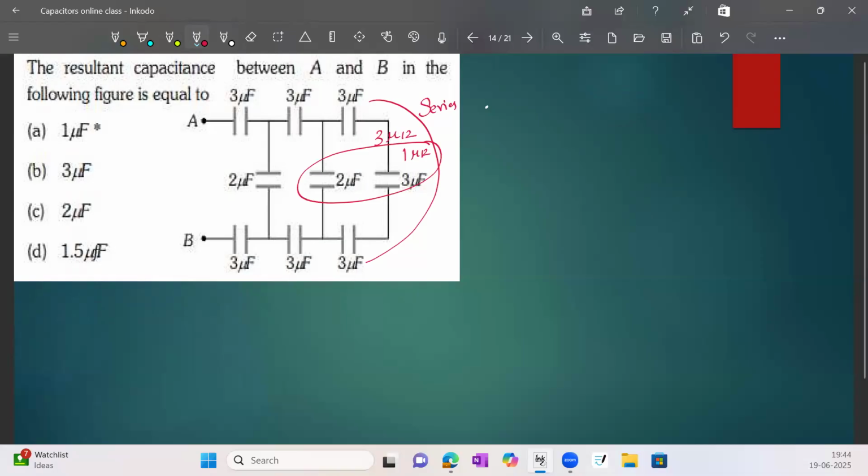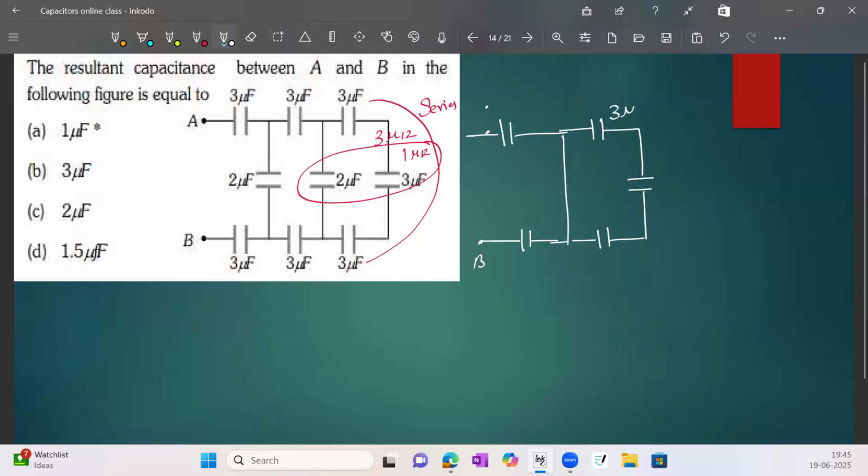Okay. So I will write the equivalent diagram. This is 3 microfarad. This is 3. This becomes 3. And this becomes 3. This is B. Now see.